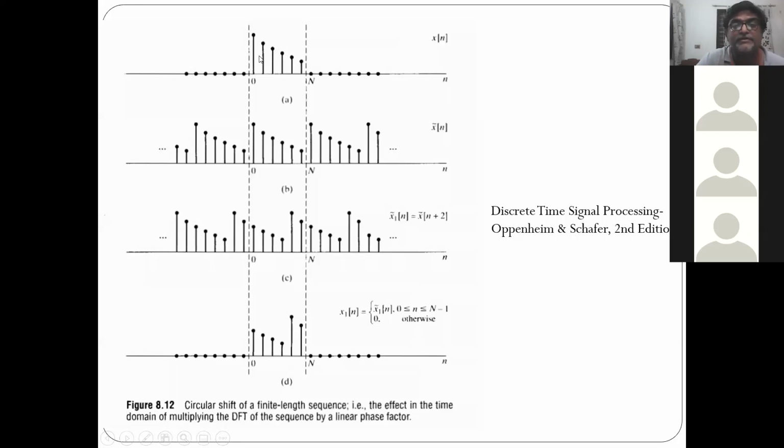It is shifted by 2 samples to the left, in the negative direction. So this sample is shifted out and placed at the end, and the last sample is also shifted out and placed at the end. So in fact, you have a circular shift. Now what I will do is go back to my whiteboard and illustrate this with some numerical values.